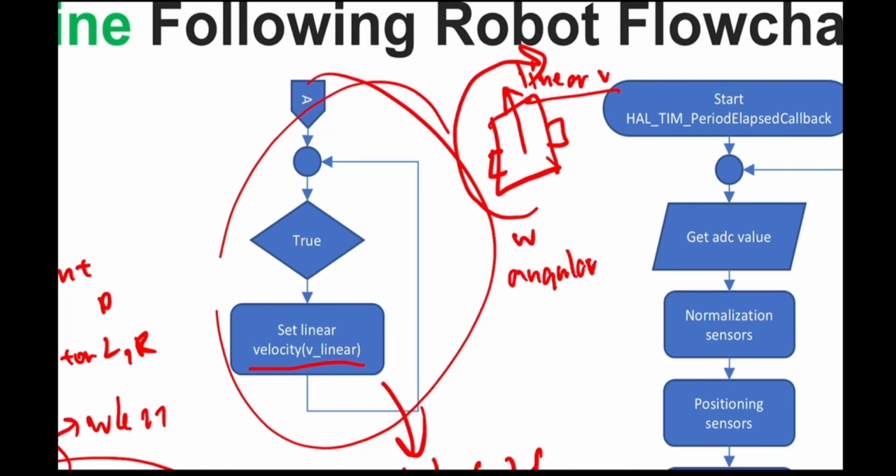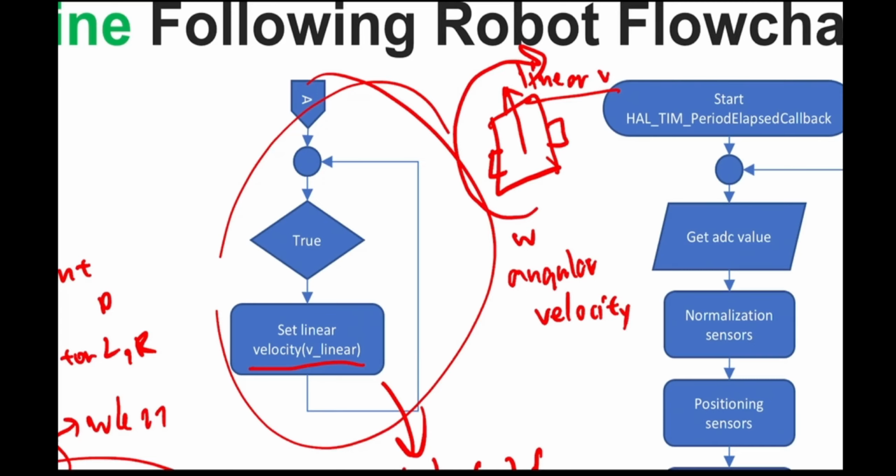But the thing that we have to control is angular, because we need to control the position of the robot, right? That's why we can control the angular velocity of the robot.